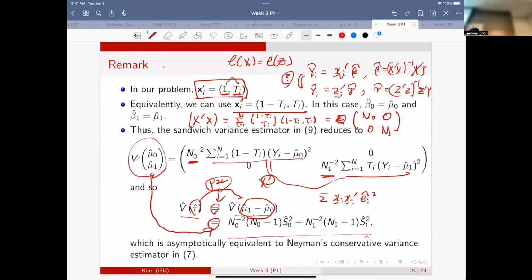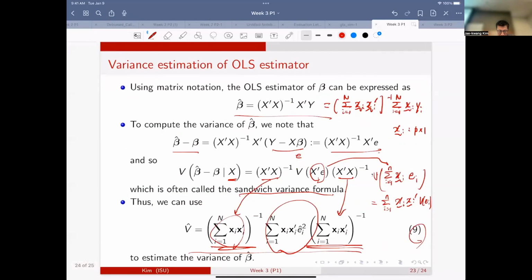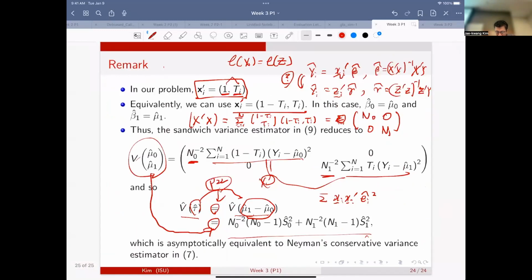It's always important to understand whether each statement is an assumption or a result of your assumption, or property. So whether it's derived or whether this is what you start with. To be clear, that's probably the first step in critical thinking. So anyway, at the end of the day, the point is that this sandwich variance formula gives you basically the same variance estimator asymptotically.